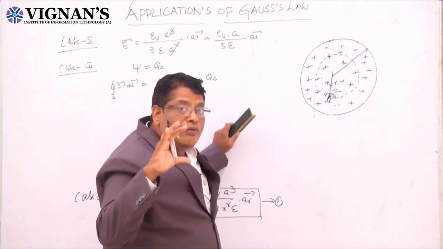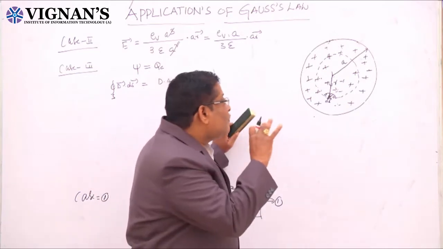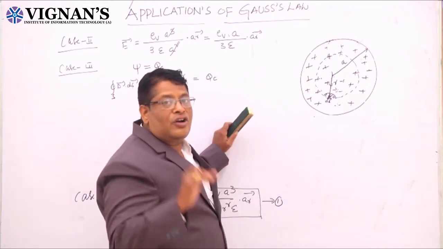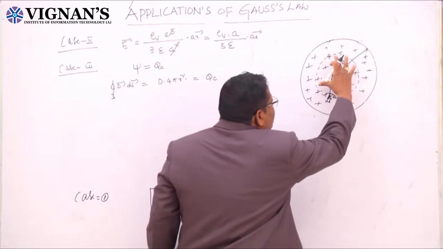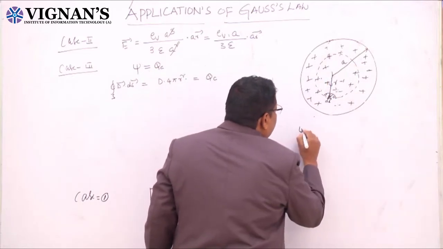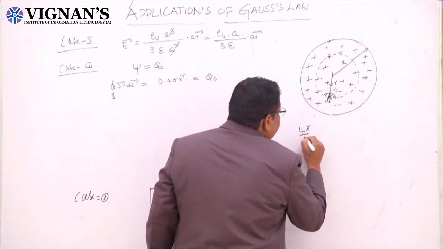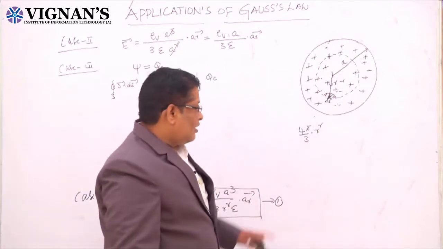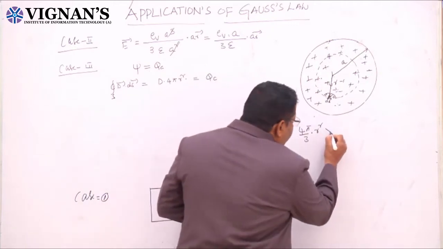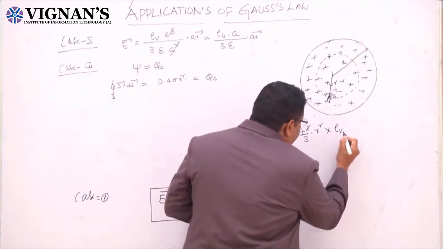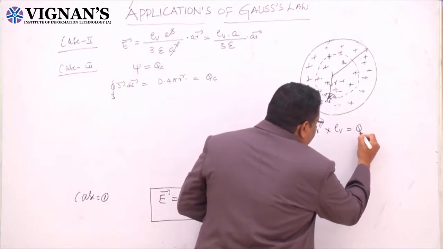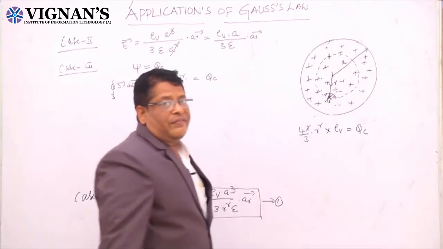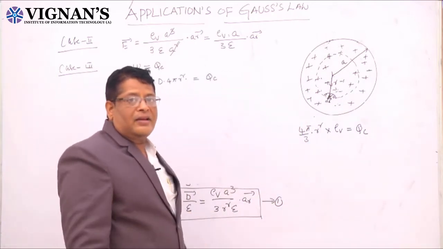How much volume is enclosed by the Gaussian surface, that we have to calculate. The volume enclosed equals 4 pi by 3 r cube, into volume charge density rho v, which is equal to the charge enclosed by the Gaussian surface.